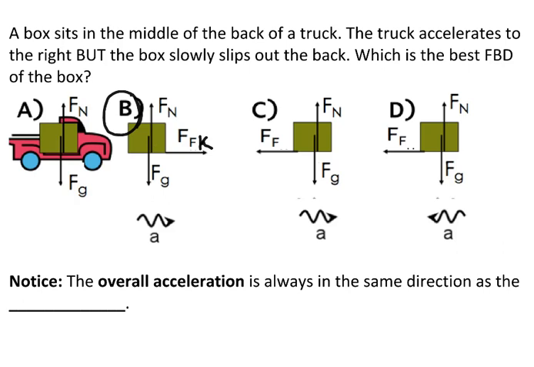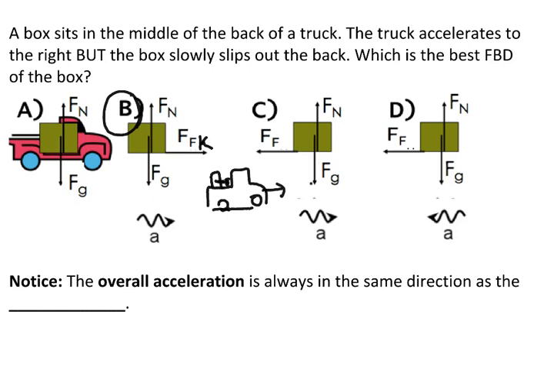This is a bit confusing because you think, oh, it's sliding backwards in the truck. But if you think about relative to the earth, relative to the ground, the box is moving forwards. The truck is going to be moving forwards quite quickly. The box in the back is going to be moving forward a little bit slower, but both of them are actually moving forward here, right?